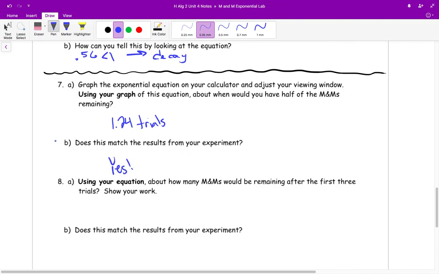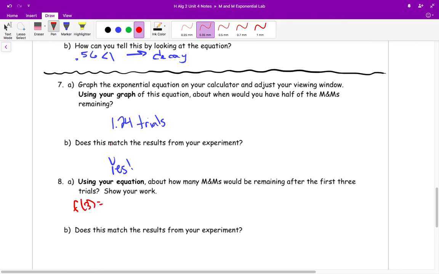Okay, number 8, it says now using your equation about how many M&Ms would be remaining after the first 3 trials. Show your work. So what you're looking to do there, if you want to know how many would be left after the first 3, you just find what f of 3 would be.